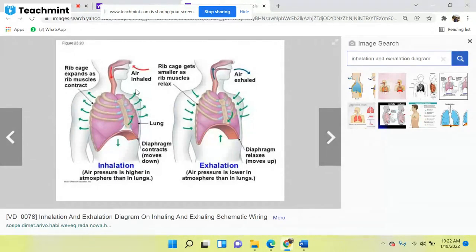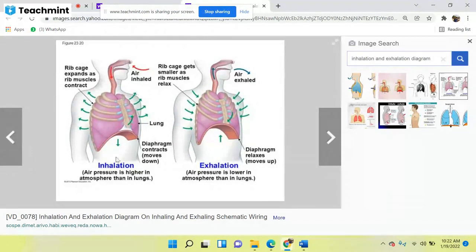So the carbon dioxide has been produced and it will be transported to the alveoli, and here this carbon dioxide will reach the vacant space within the alveoli.